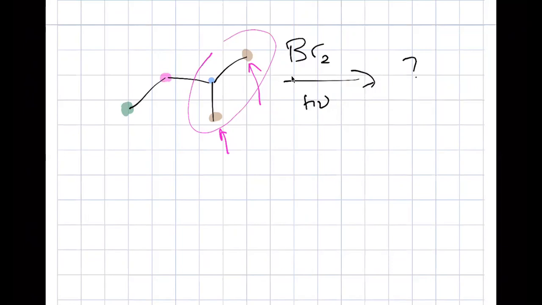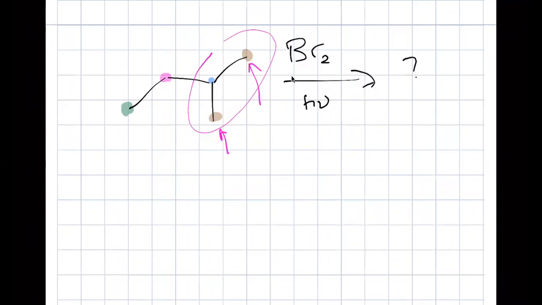Because you can predict the products without going through the mechanism, even though we are going to go through the mechanism. Wouldn't every site that's a different color get brominated? Yeah. That's why we picked them out first, right? There's no symmetry. So for this substitution, every site that's not the same is going to get brominated.